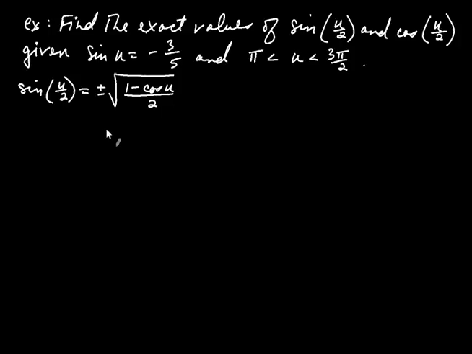So the way we're going to do that is we're going to think about, let's write it over here, that we know that sine of u is negative 3/5, right? Now remember, sine can always be regarded as y over r. So I'm going to write this as negative 3 over 5. Now the reason I'm doing that is because when you think about it as y over r, you want the r to always be positive.